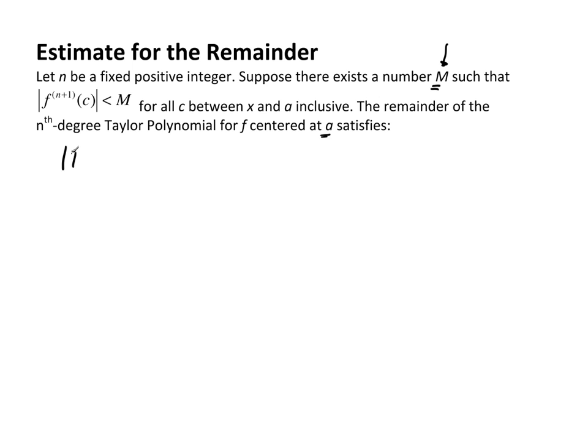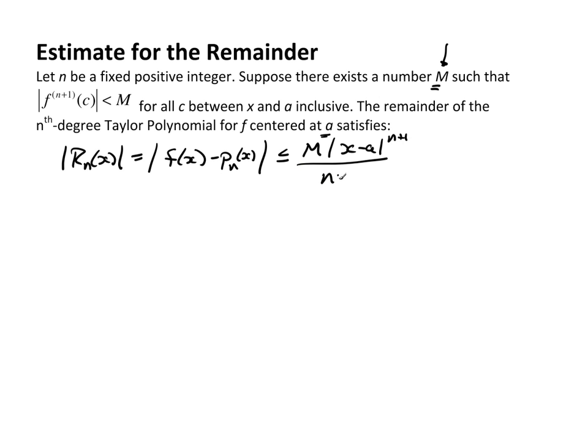The absolute value of the remainder is equal to the absolute value of f of x minus the nth Taylor polynomial, which is going to be less than or equal to some value M, this upper bound, times the absolute value of x minus a to the n plus 1, divided by n plus 1 factorial.